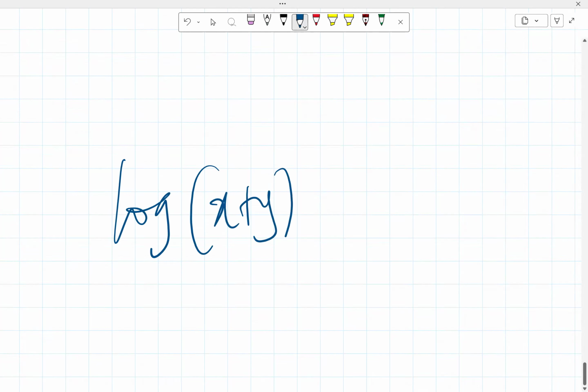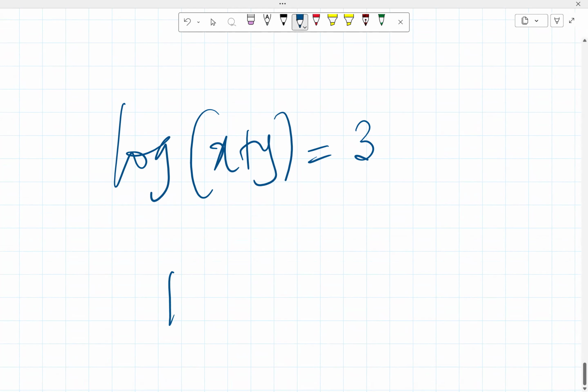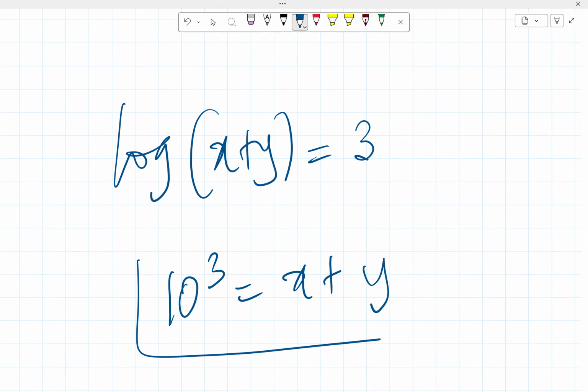In fact, I want to buttress that a little bit. If you have log of x plus y equals 3, for instance, and this is base 10, of course, that simply means 10 raised power 3 is equal to x plus y. So you still need more information to get x plus y.